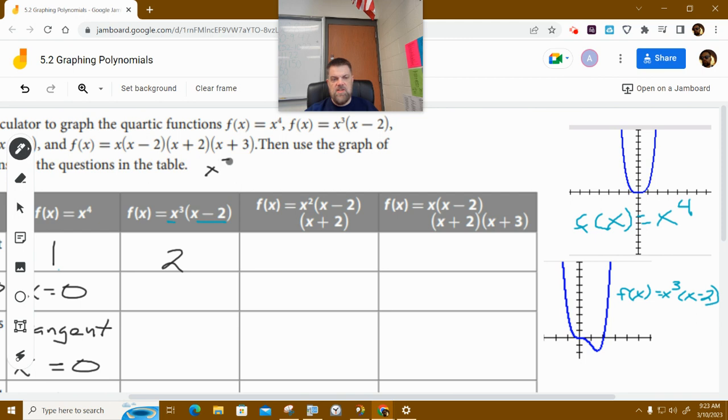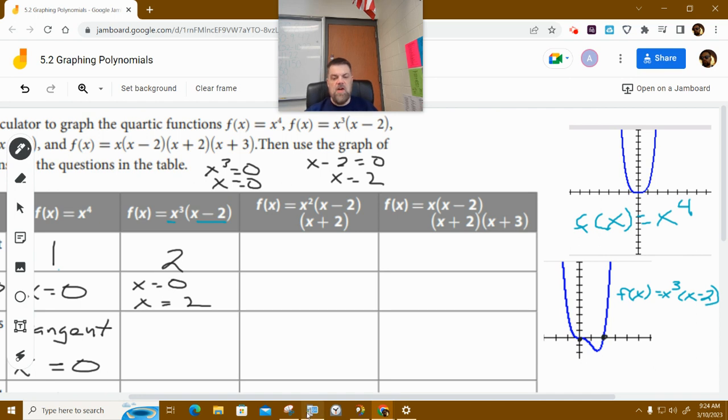So if I set x cubed equal to 0, and x minus 2 equal to 0, when I take the cube root of both sides, I get 0 for x. And if I add 2 to both sides here, I get x equals 2. So at x equals 0 and x equals positive 2. In other words, it crosses here, and it crosses here.